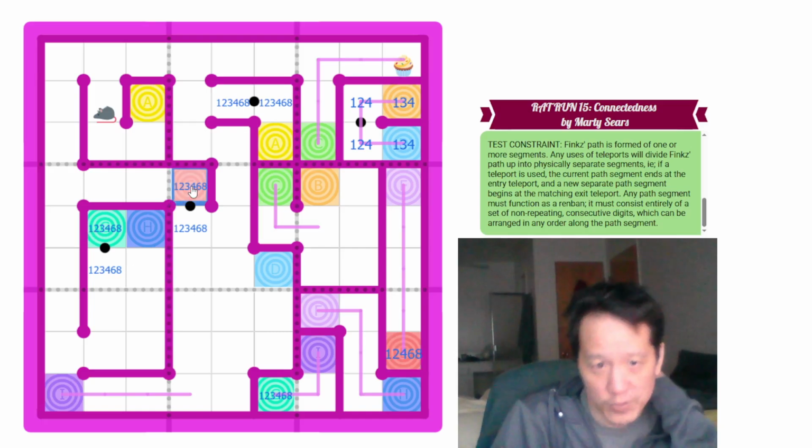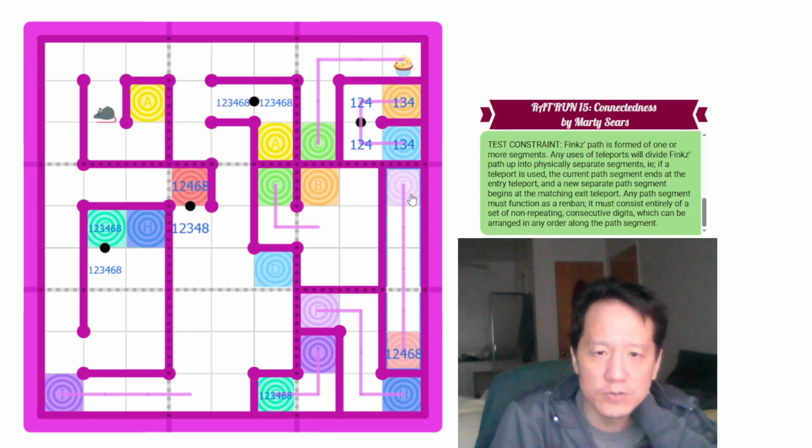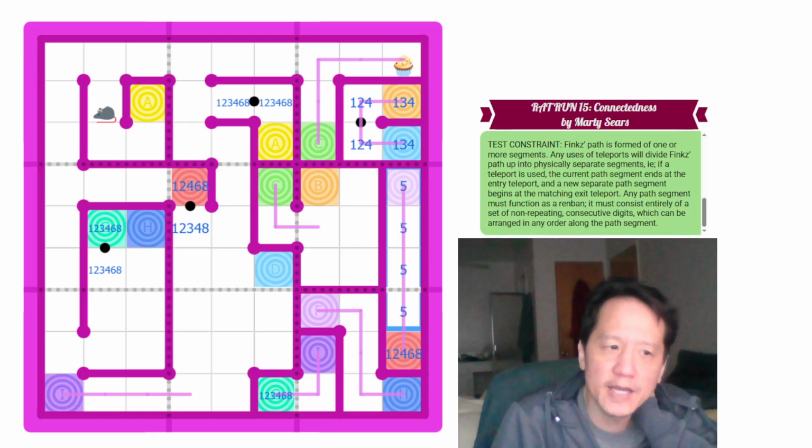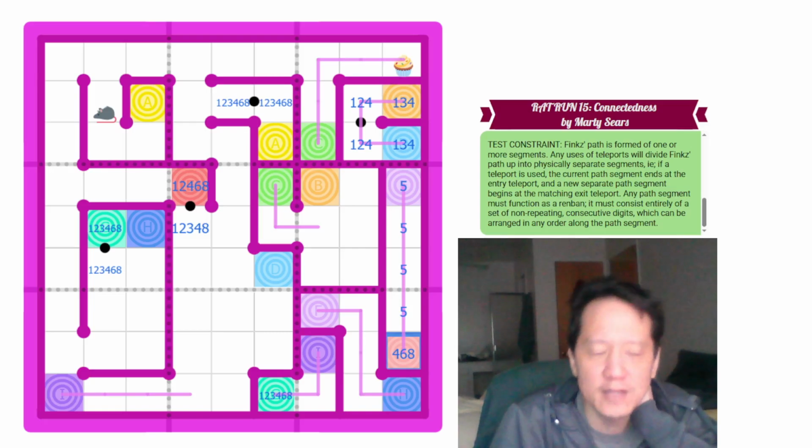So this can't be 3, which means this can't be 6. This cannot be a low, so you can't start with 1. We know there's a 5 here somewhere. And it cannot contain a 3. So it cannot contain 1 or 2 either. So this is at least 4 through 8. So this is 4 through 8, or it's 5 through 9.